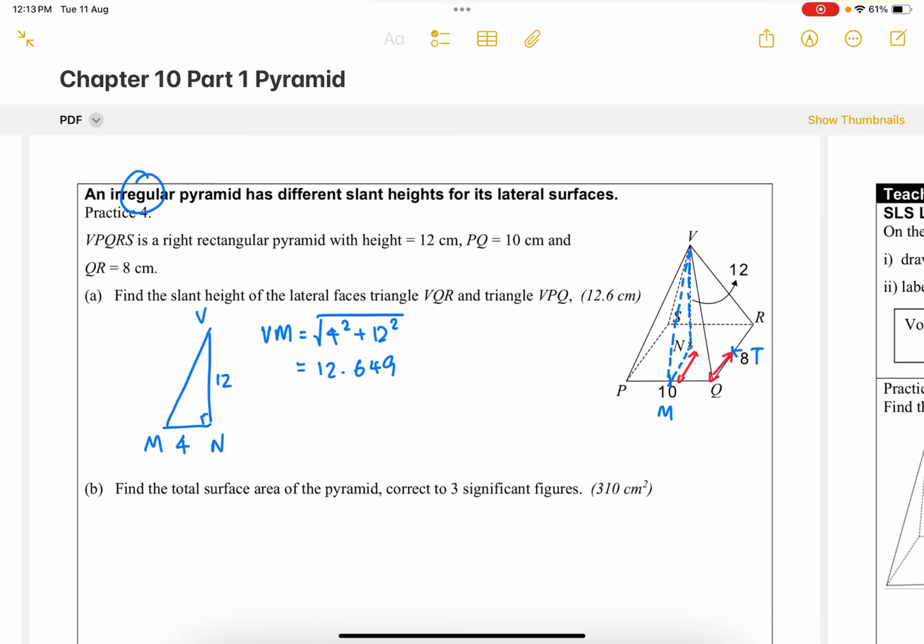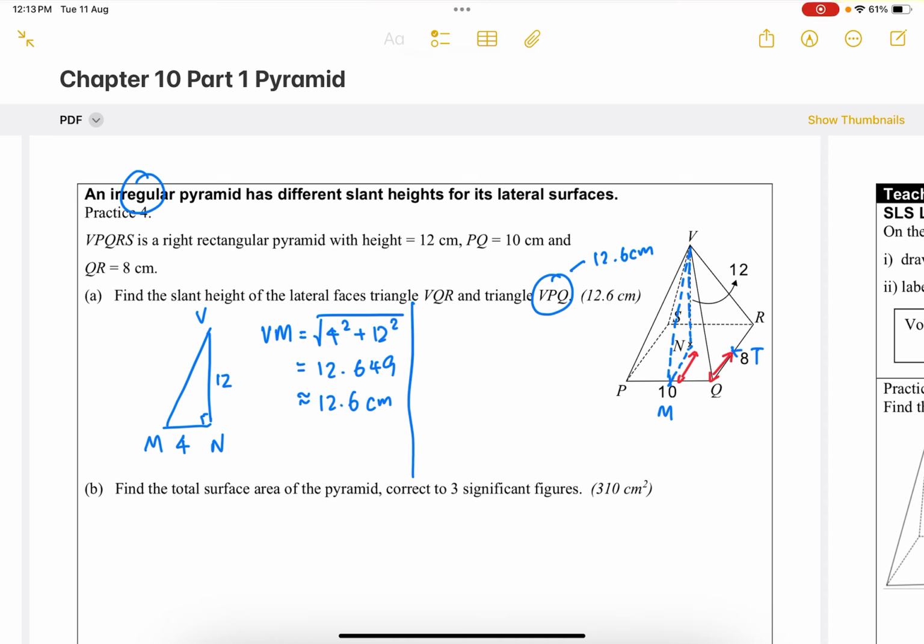Always put on a 5 significant figures first, then you round off: 12.6 centimeters. So this is our slant height for our lateral face VQP. Okay, next one. So this one will be our 12.6 cm. Next, we still have our VQR that we need to find out.